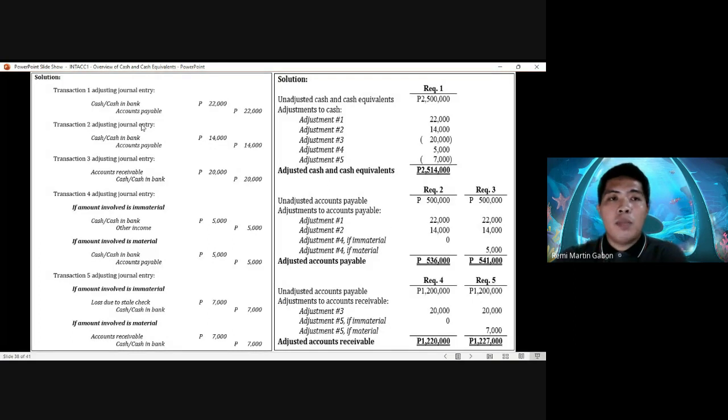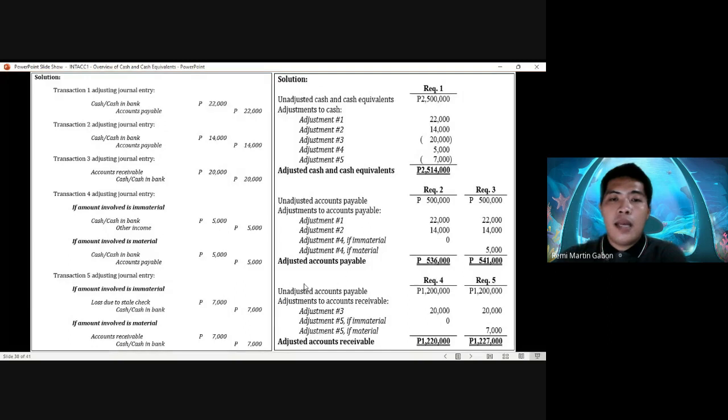Same goes with adjustment 2, credit, addition of 14,000. But if number 4 is immaterial, we have no adjustment. But if material, we have an adjustment of 5,000. So for requirement 2, the adjusted balance of accounts payable is 536,000. But for requirement 3, it is 541,000.